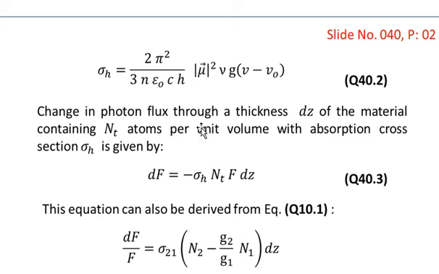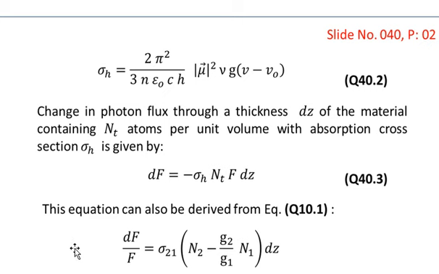The change in photon flux through a thickness dz of the material containing NT atoms per unit volume with absorption cross section sigma h is given by the change in flux dF.